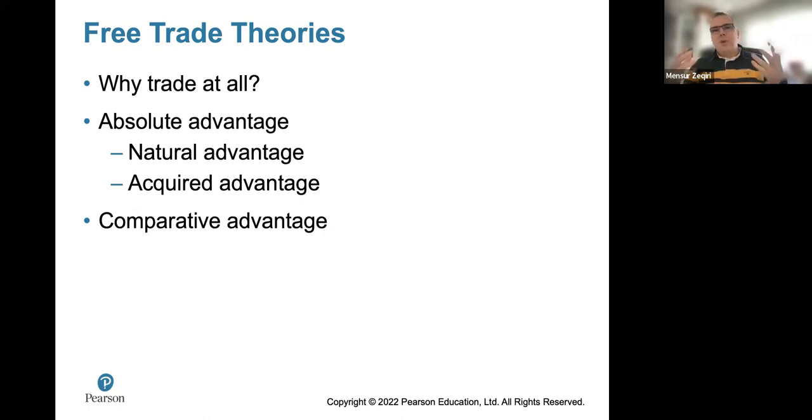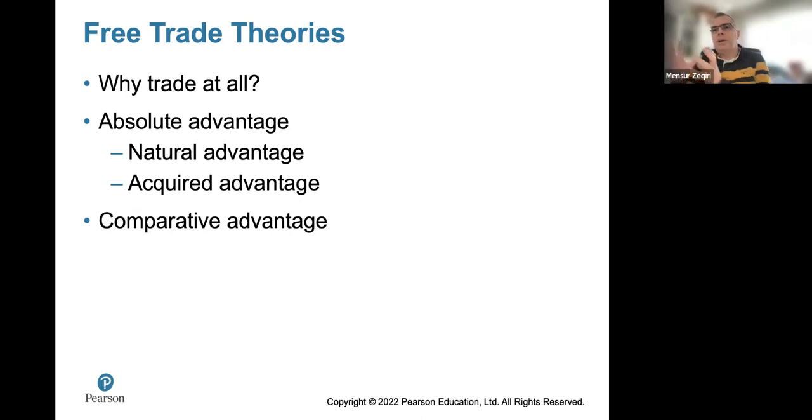So with regards to this, we have two main theories that have been developed. The first one is the absolute advantage, and the other one is the comparative advantage. Both of these theories imply specialization. Just as we as individuals or our families produce an excess of specialized goods and services in exchange for other, more specialized goods and services, the same happens when we talk about nations or countries at a more macro level.